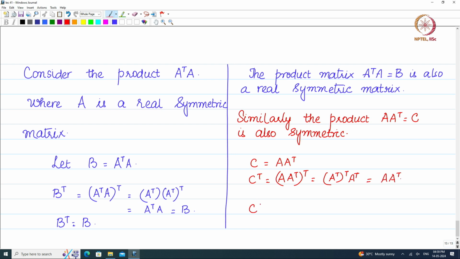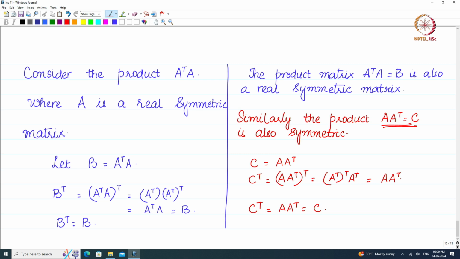Therefore, we have C transpose equal to A transpose, which is equal to C itself. So, that means the matrix that you get out of the product A transpose is also a symmetric matrix. What is interesting is that we will soon see in singular value decomposition that we will use the product matrices A transpose A and A transpose. We will look at all this in our singular value decomposition, which we will soon see in the next module.